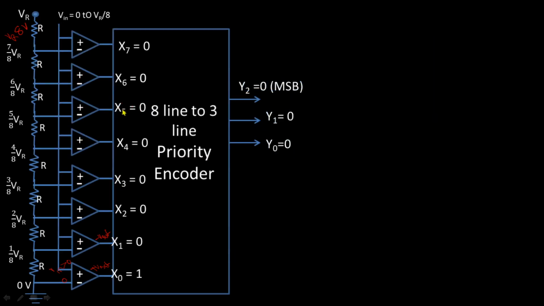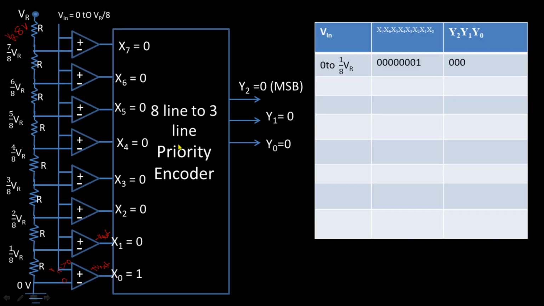Let us see these examples. Vin greater than 0 and less than VR by 8. The voltage at this node is 0 volts, that is the reference voltage, and Vin is greater than 0. So the non-inverting terminal voltage is greater than the voltage at the negative terminal of this op amp, so the output is plus Vsat, and the input of this 8 line to 3 line priority encoder is logic 1.